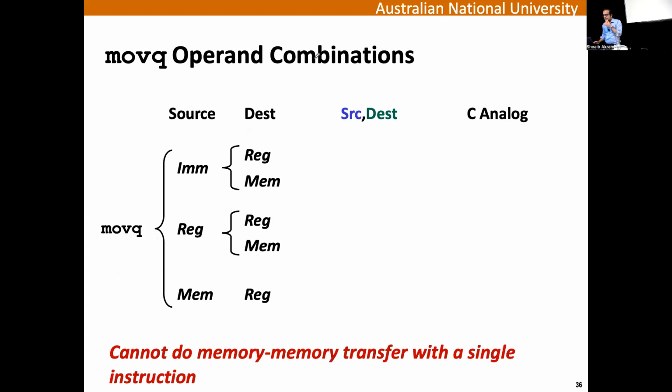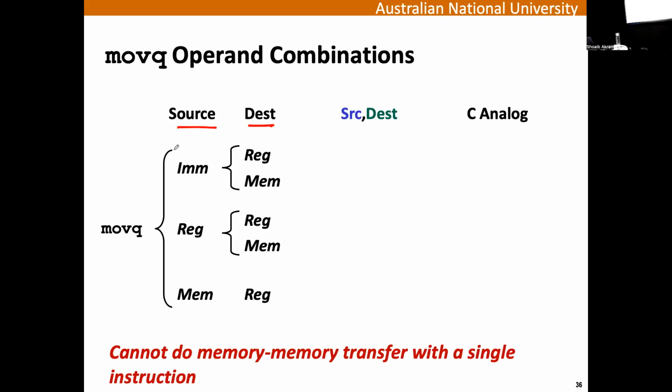So how does a movq instruction work? We first have the source and then the destination. The source could be a constant, an immediate, a register, or a memory location. Can a destination be a constant?